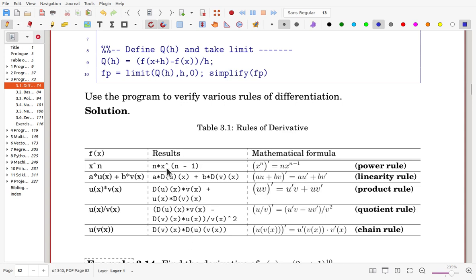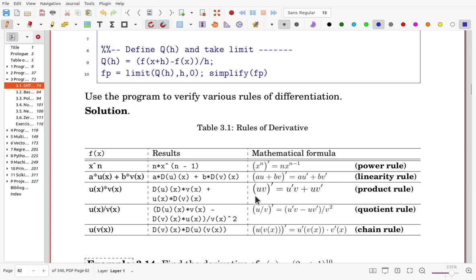Out of these results, we can get the mathematical formula: the derivative of x to the n is n times x to the n minus 1. That is the power rule we already learned. Now here, a u prime plus b v prime, that is the linearity rule.